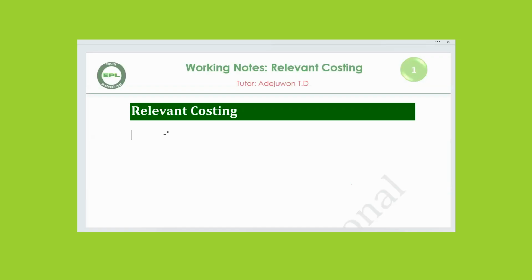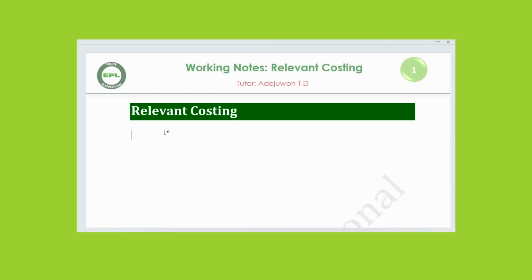So any cost that will influence the decision that is to be taken, any costs that are directly related or attributable to the decision, any costs that will change as a direct consequence of the decision taken are relevant costs.